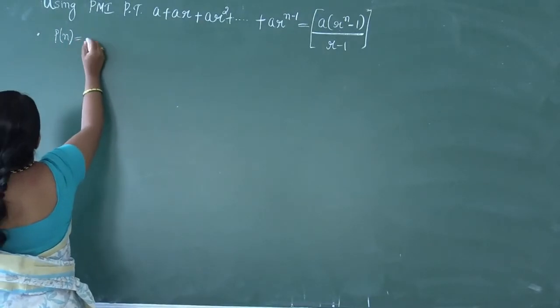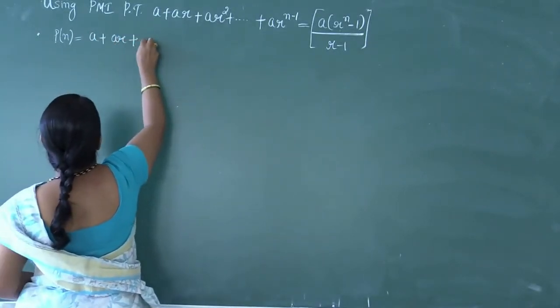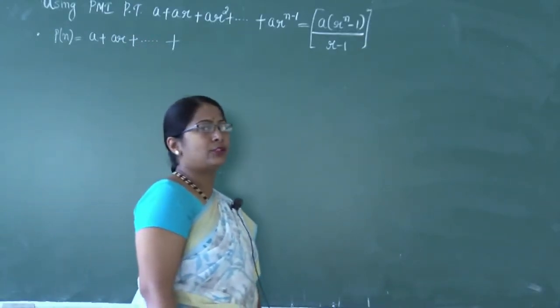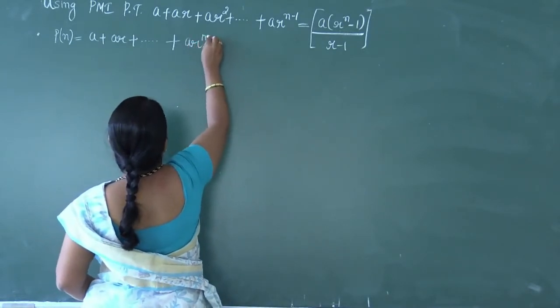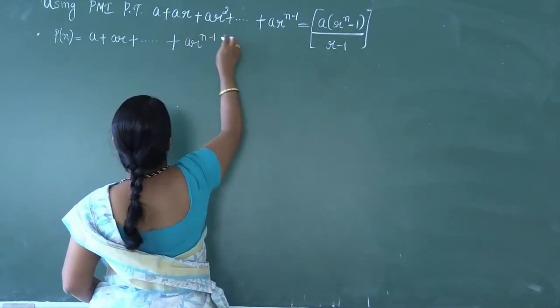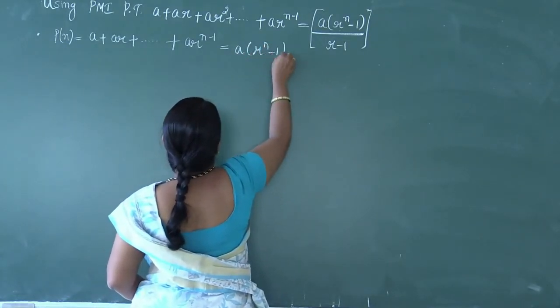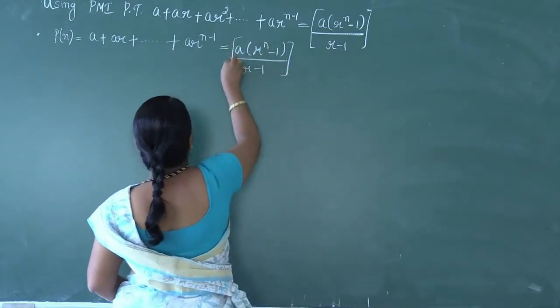Let P of n be equal to A plus AR plus AR square plus AR cube etc. plus AR to the power n minus 1 is equal to A into R to the power n minus 1 by R minus 1.